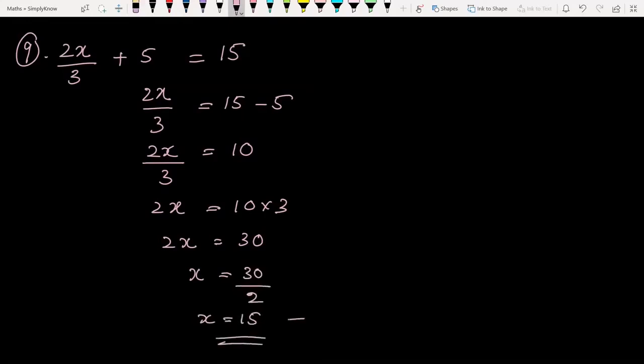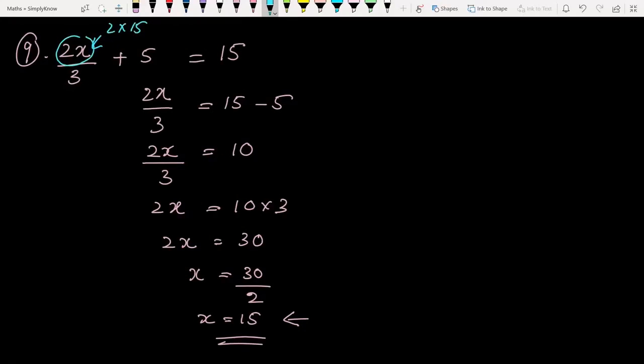Now, if you are not sure with your answer, you can check your answer. Just substitute 15 for x and check whether your answer is correct. Now, if x is 15, what happens here? This will become 2 times 15.